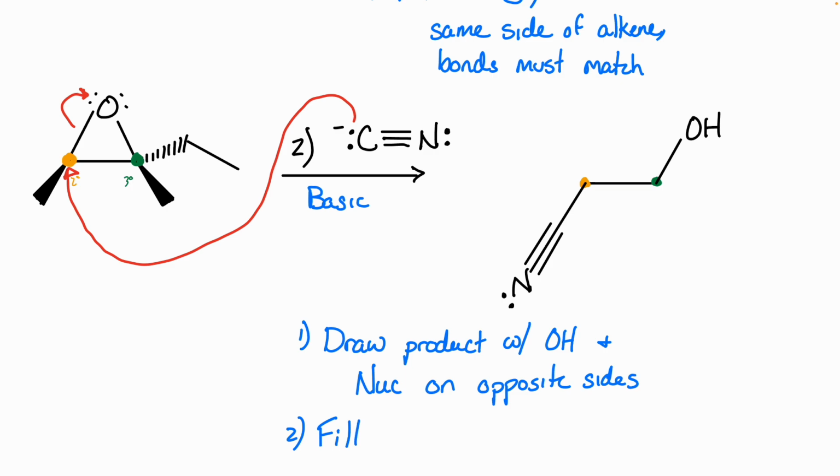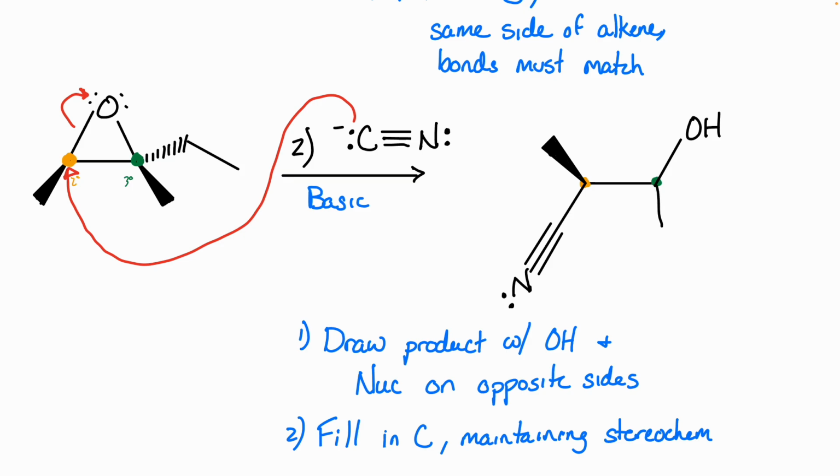And now we're going to fill in our carbons, maintaining that stereochemistry. Meaning if it's on a wedge on the left, it needs to be on a wedge on the right. So that methyl group didn't switch sides, it just got kicked up, but it's still pointing out of the page towards me.